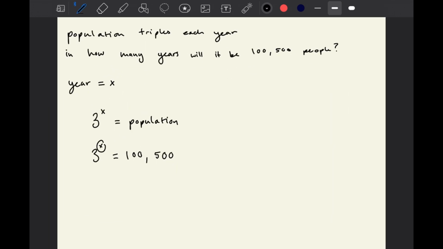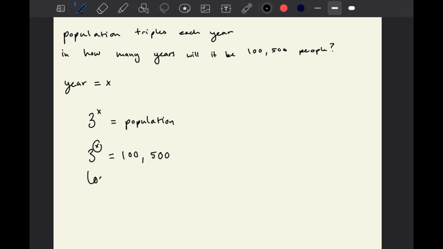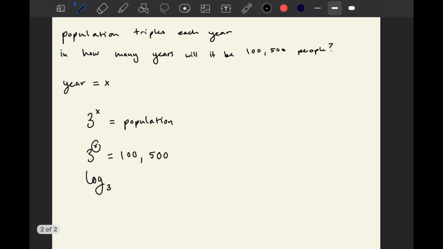So what I'm getting at is that the logarithm with a base of 3 of 100,500 is going to equal x. And if we actually evaluate this, x will equal around 10.484.